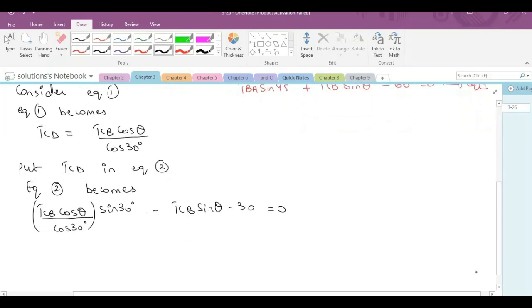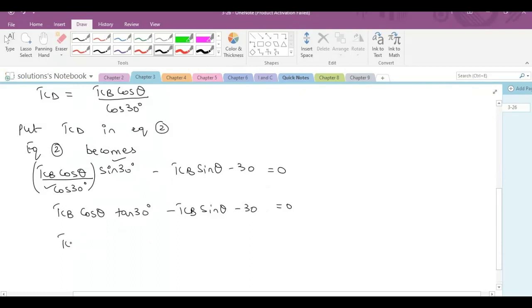And when we simplify it, what does it become? It becomes TCB cos theta, and sin 30 over cos 30 becomes tan 30, minus TCB sin theta minus 30 equals 0.